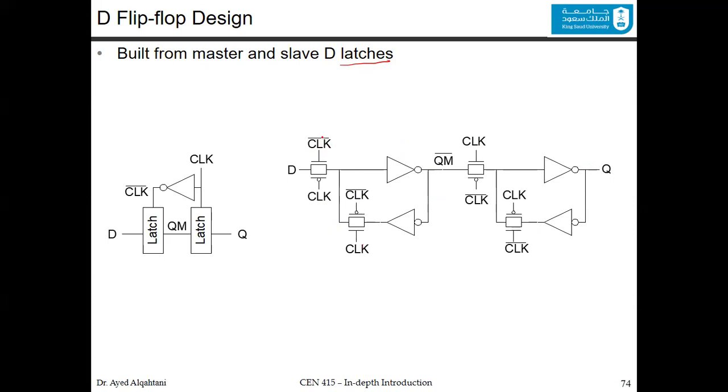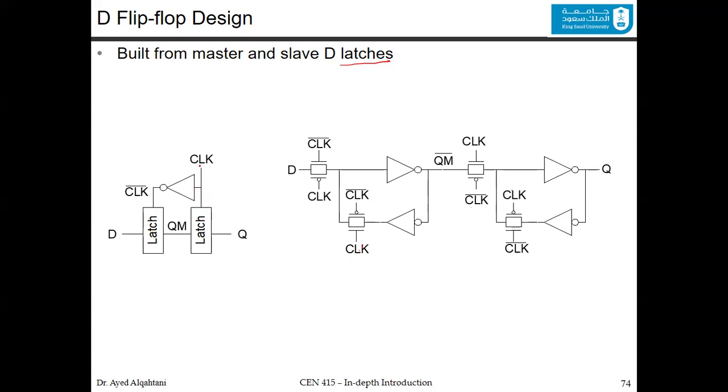If you connected clock bar and clock bar and clock, this would be clock and clock bar, clock and clock bar. One design would be the positive edge trigger, the other would be the negative edge trigger. How to know this? In the design of the D flip-flop, you have 2 latches. One of them would be the master and the other would be the slave.